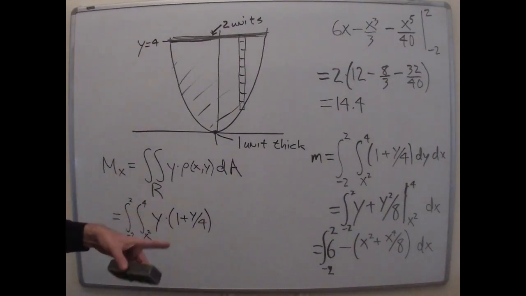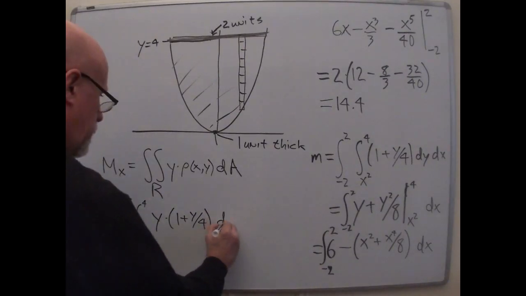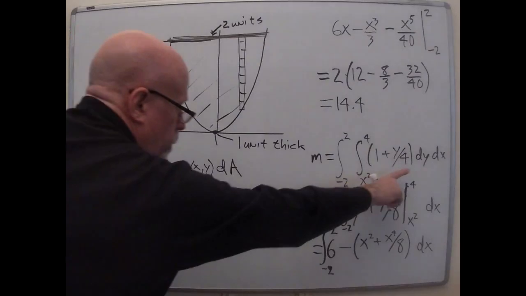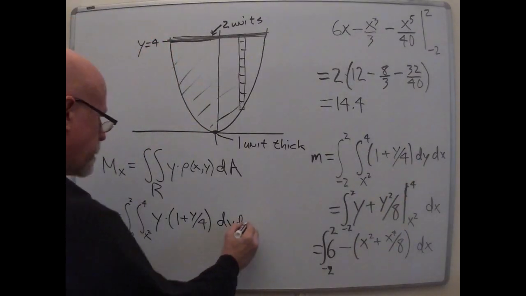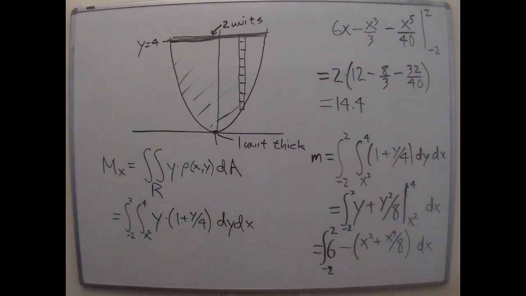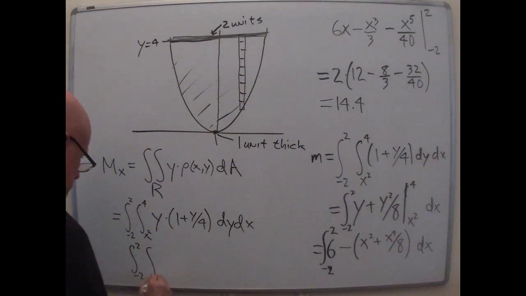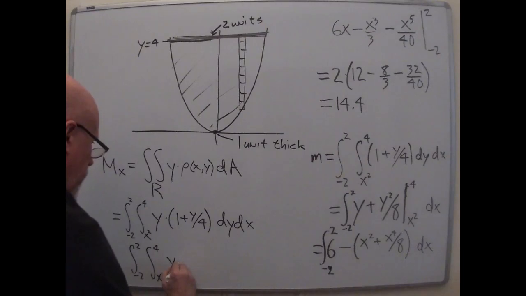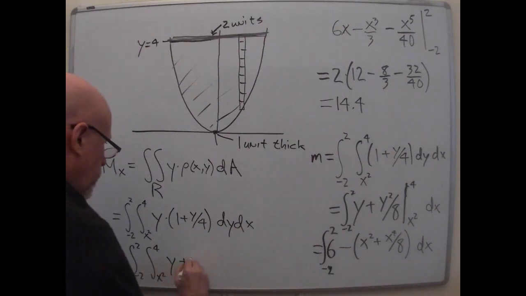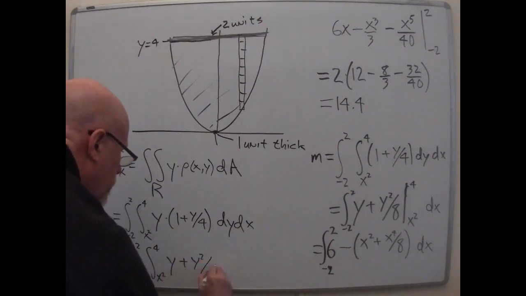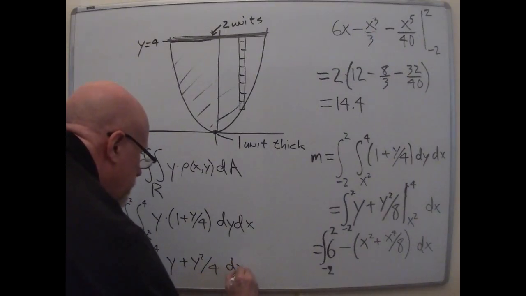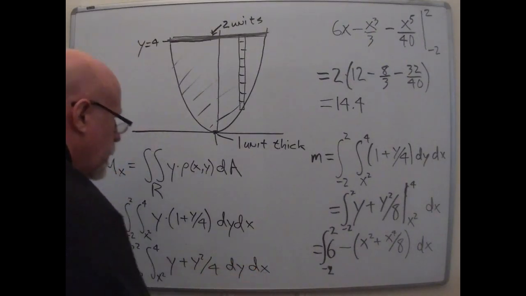Y times rho times differential area, which is just dy dx, and it's in that order, dy dx, as it was previously. Just want to distribute that: y plus y squared over 4 dy dx.